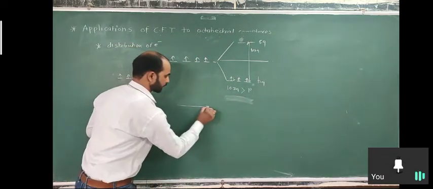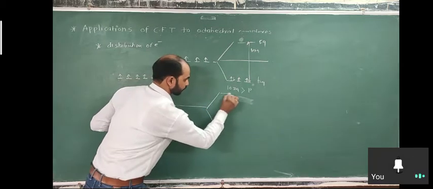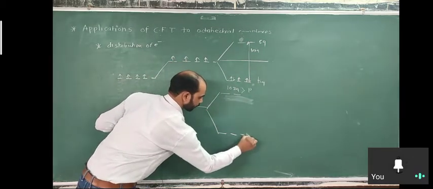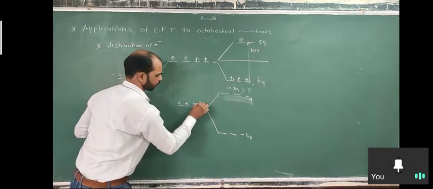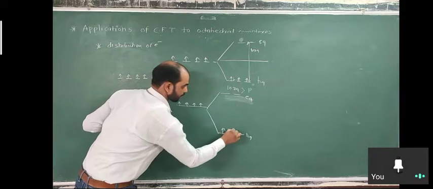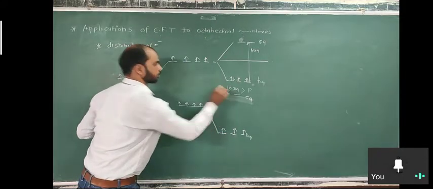And what is the second condition? Suppose we consider the same case, how many electrons here? 4 electrons are here. So first, second, third and fourth.